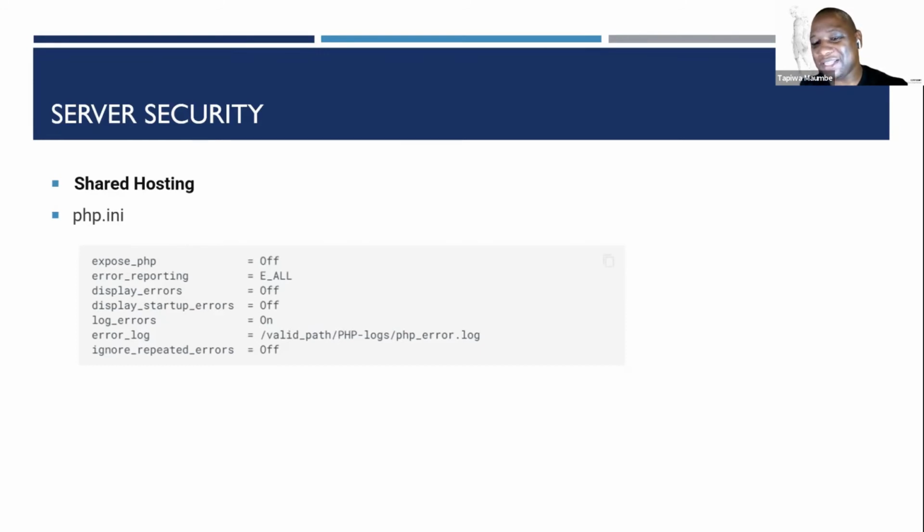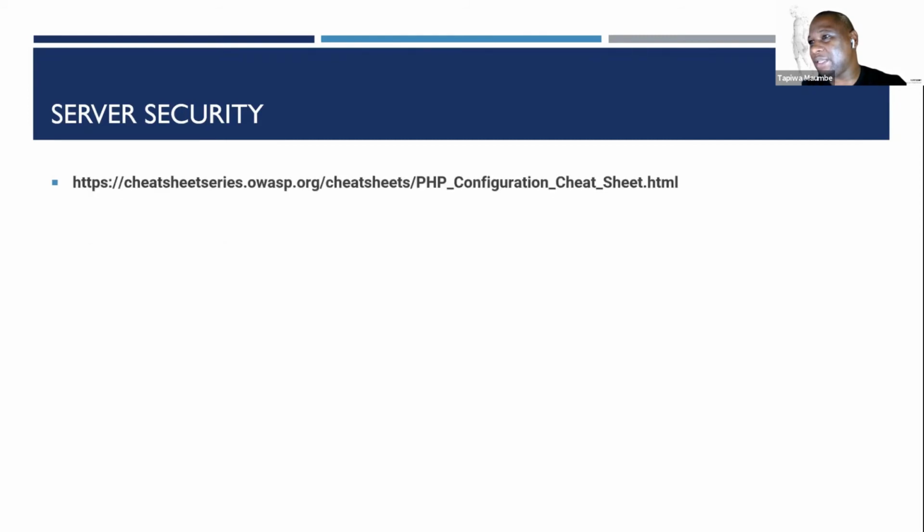Cloud is not just moving an application to cloud. Cloud is totally different. You can also move to a dedicated server. There's Linode. There are also other service providers. It's not just AWS, Azure or GCP. So that's the server security.